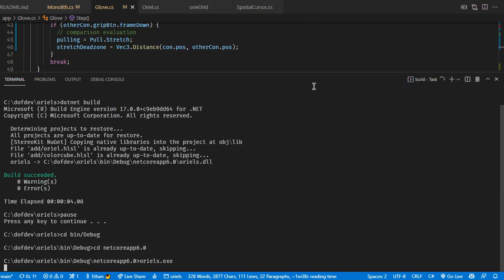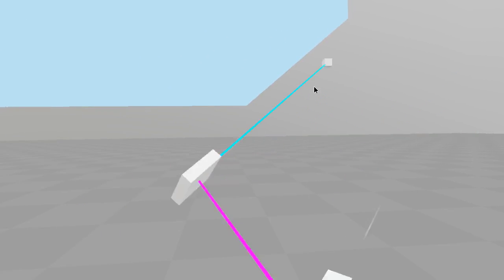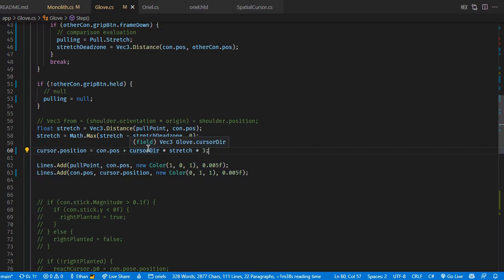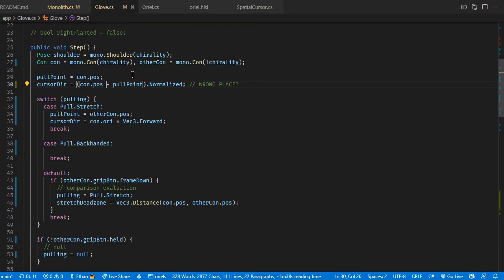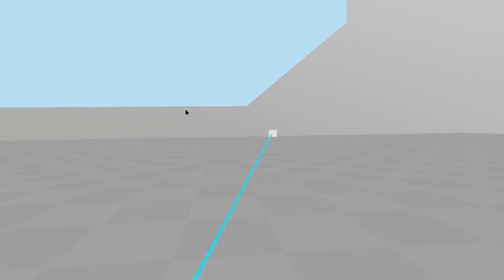I ran into an issue where the Oculus wasn't working. You can see that little, I forget what those are called. Yep, you see? There you go. It's working, but the cursors weren't showing up, and I realized it was because of that normalized direction vector that I was trying to calculate.